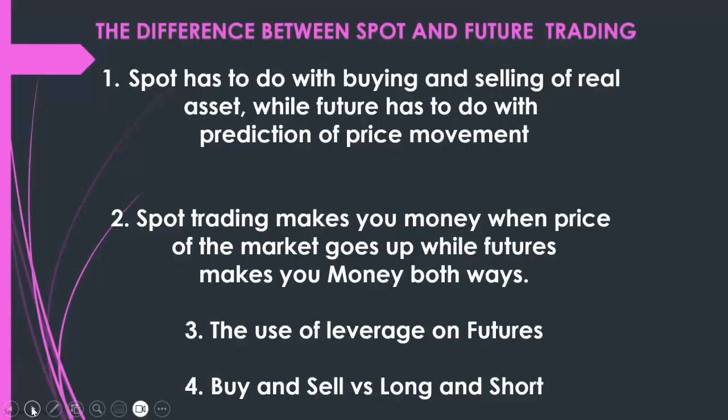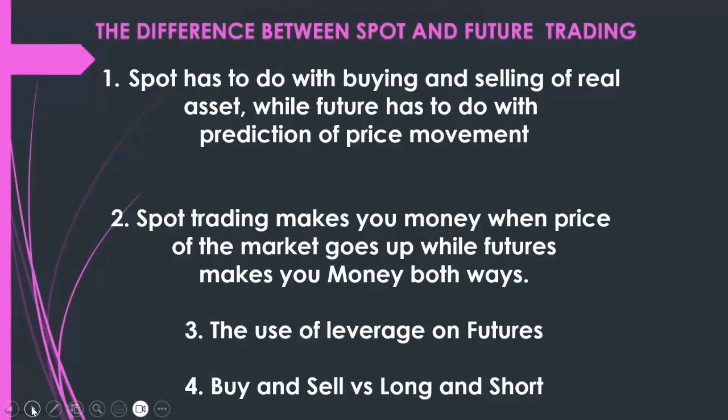In futures, you predict that the price of Bitcoin is going to go up. If that happens, you make profits in the form of USDT or USDC, based on what you use in placing the trade.